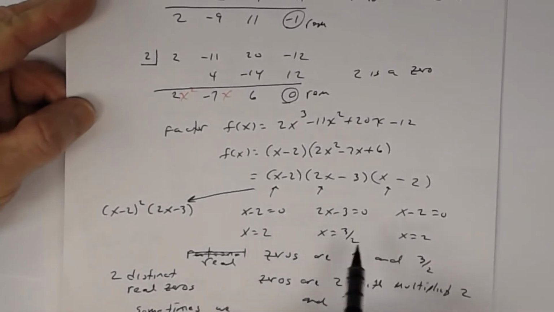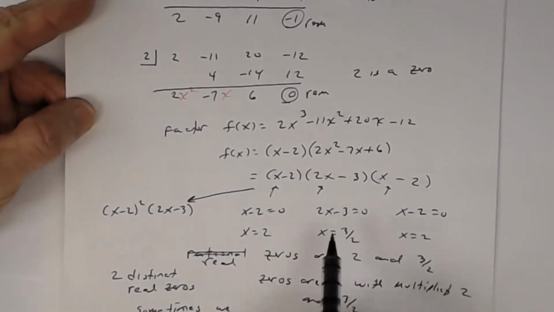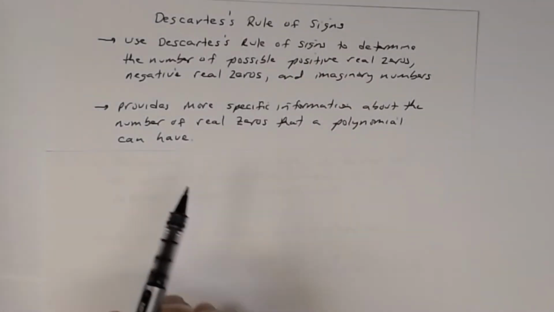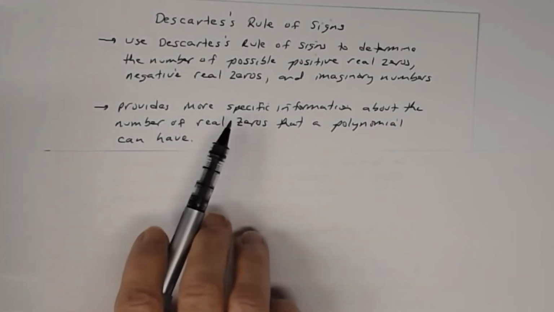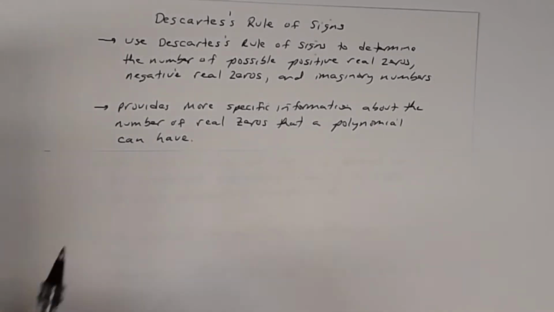So there are only two. Remember, 2 occurs twice, so that's a multiplicity of 2. But there were only positive real zeros. See, there weren't any negative, right? There were no negative. So this statement says it provides more specific information about the number of real zeros that a polynomial can have.